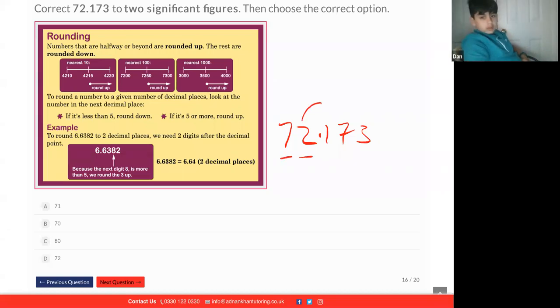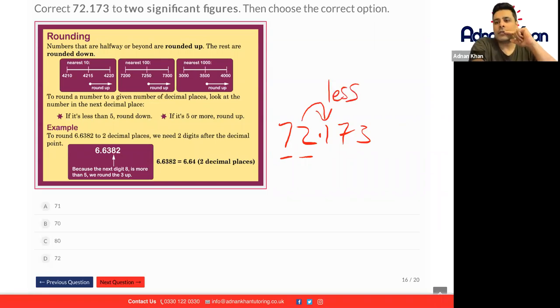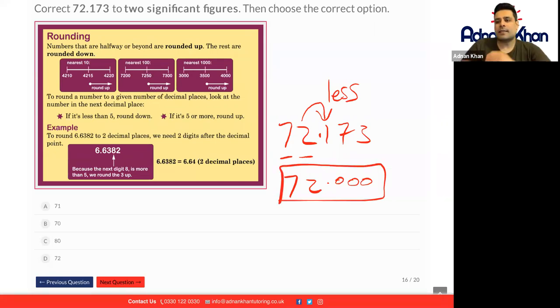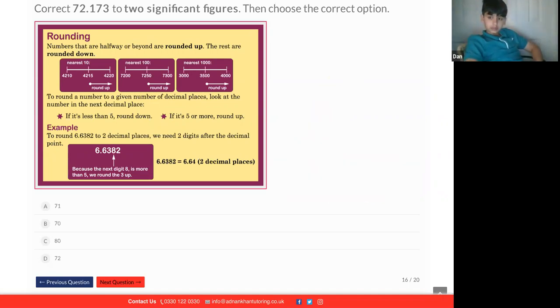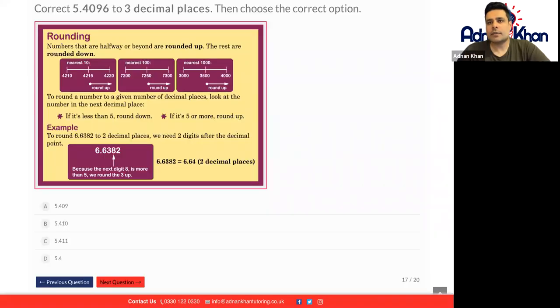Look at the number after it, it is less than halfway. So 72 will stay in its place, and then it will just be 0, 0, 0. So the answer is going to be 72. Happy with that? Yeah. Good. Let's go with 72. Well done.